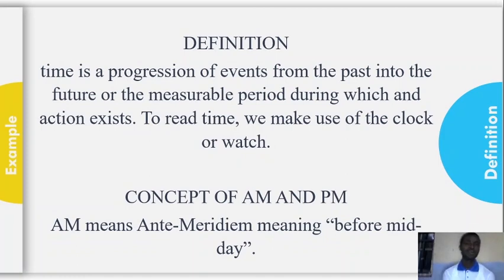Now, we've been talking of time. You've been hearing time. What do you understand by time? Okay, in definition, time is a progression of events from the past into the future, or the measurable period during which an action exists.